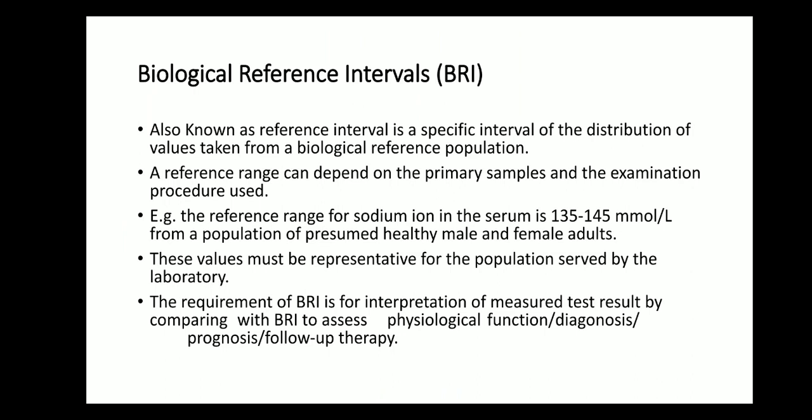These values must represent the population served by the laboratory. In India also, in different states, there is some variation in the laboratory values and normal ranges. Even from lab to lab a few variations will be there, because the populations served are involved in this.